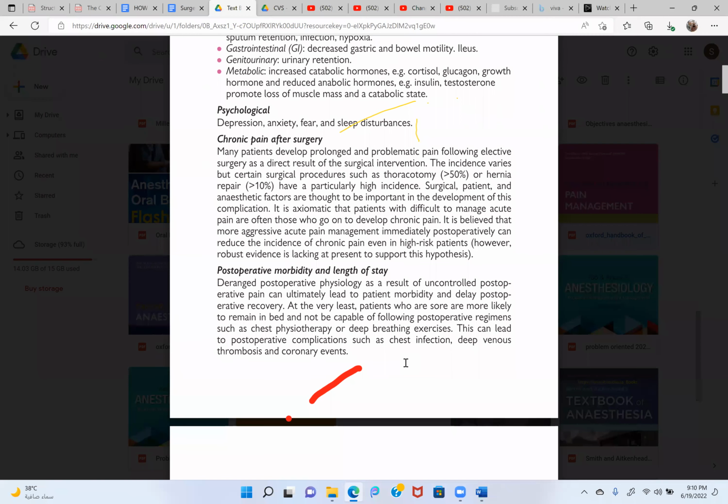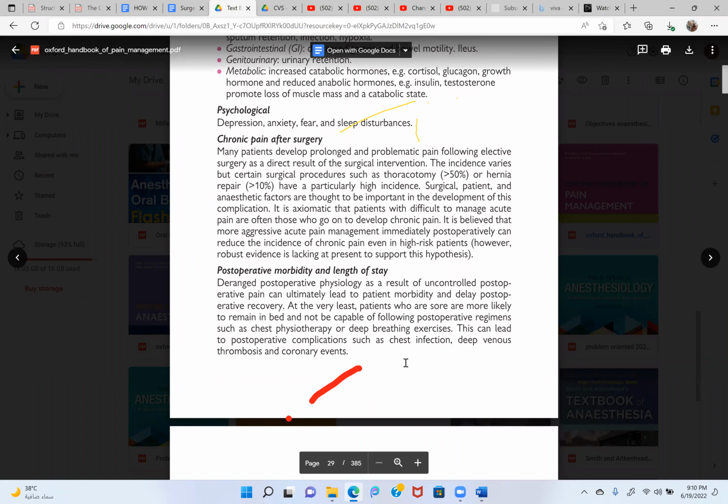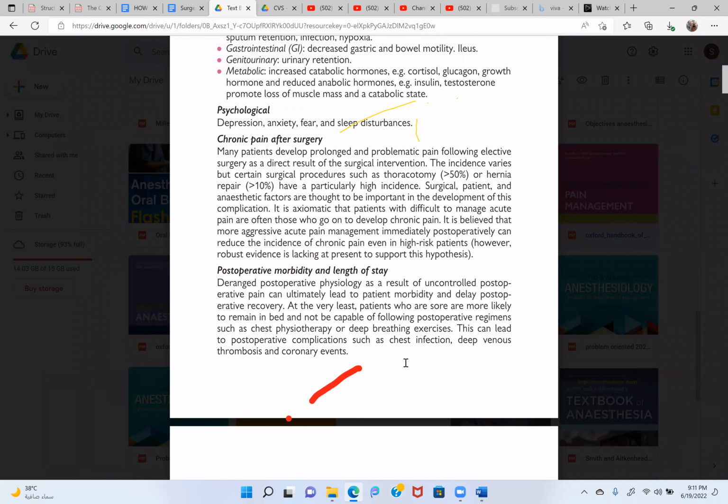There will be the surgical patient and anesthetic factors. But you should remember this and tell it: you should have very good pain control, or you can use this statement in any patient, that acute pain management is very important, because if you don't have good acute pain control, the patient has a chance to go into chronic pain, chronic post-surgical pain.